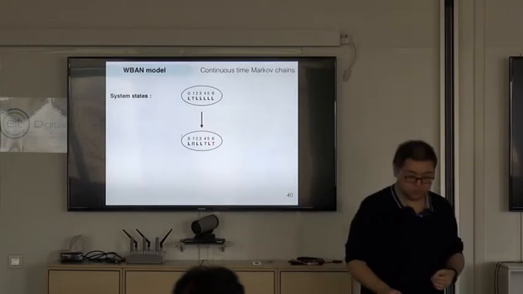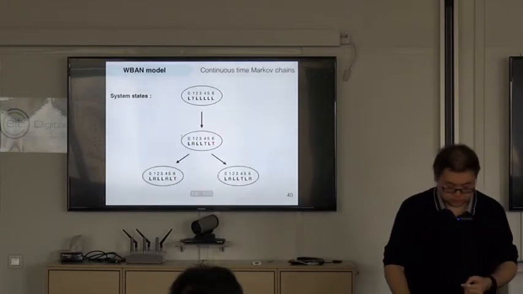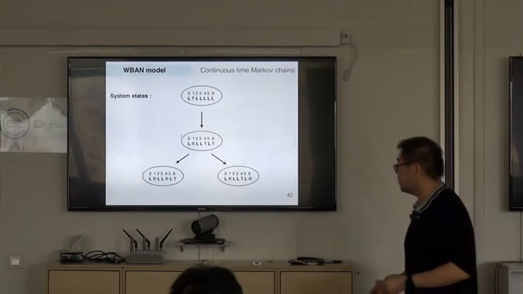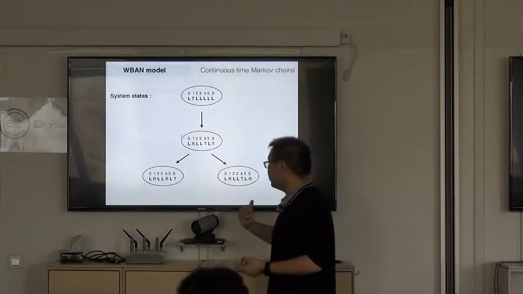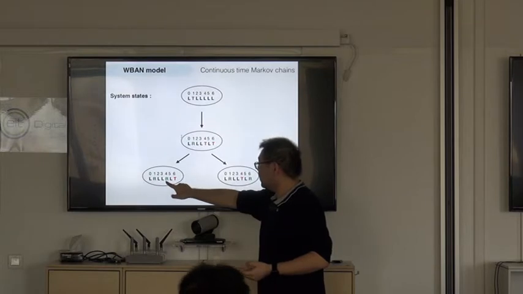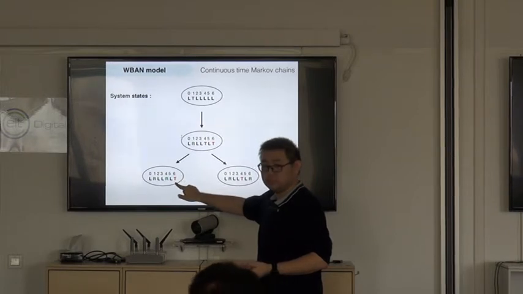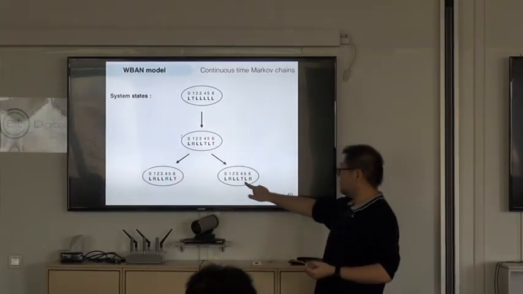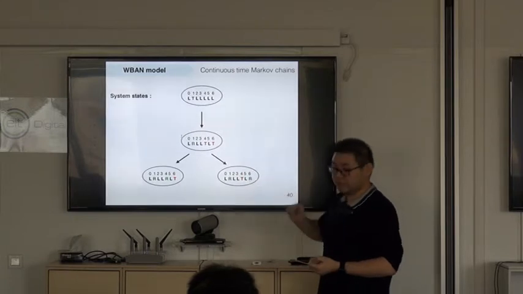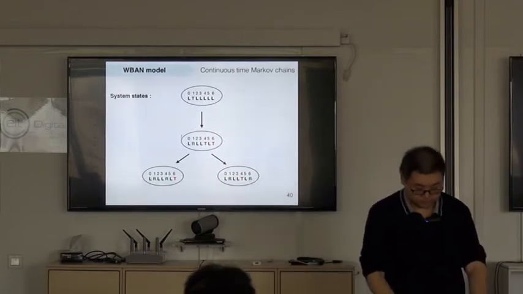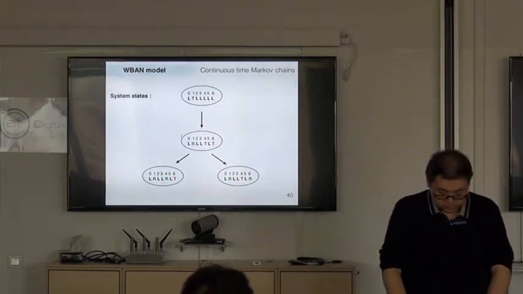So from here we have to separate into two states. In this state, node 4 finishes first, so node 6 stays in state T. And in this state, node 6 finishes first.